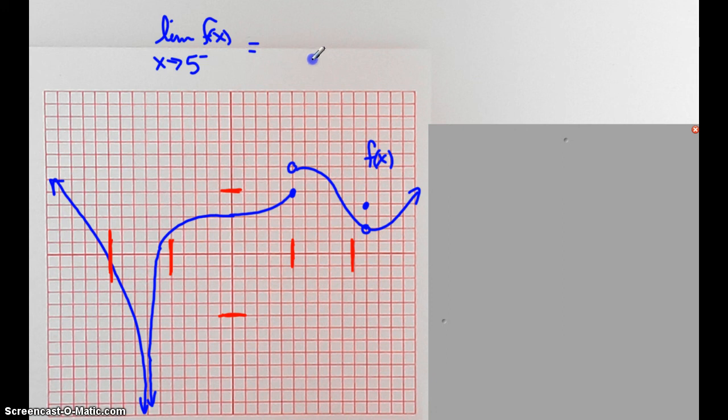What does that equal? Yeah, okay. If you said 5, you were correct. And what is the limit of f of x as x approaches 5 from the right?